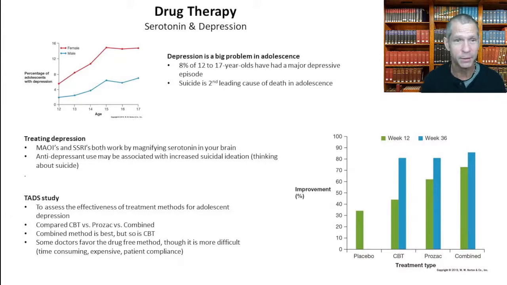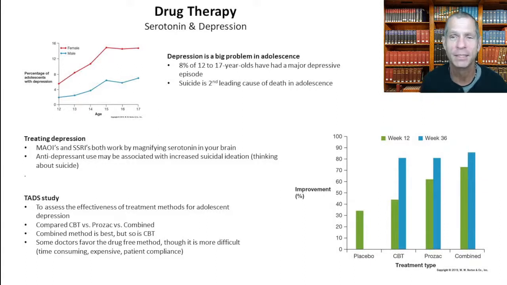Now, here's the deal. Antidepressant use is associated with increased suicidal ideation, which is thinking about suicide. Now, the evidence doesn't necessarily show that it causes teenagers to be more likely to engage in suicide.